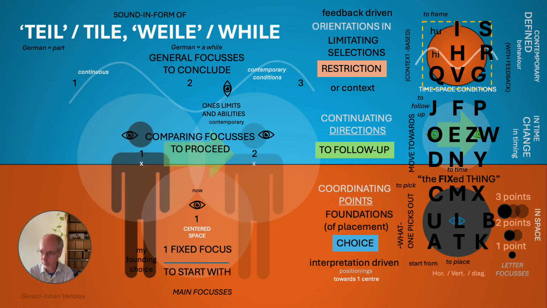Or you have the 1, 2, 3 rule, where you have more elements that you focus on, or longer periods of focus, where it's not very clear where it's going, but you pay more attention to the general thing. What's the focus? What's your general focus? That's another kind of focus some letters are associated with. They're more about restrictions.